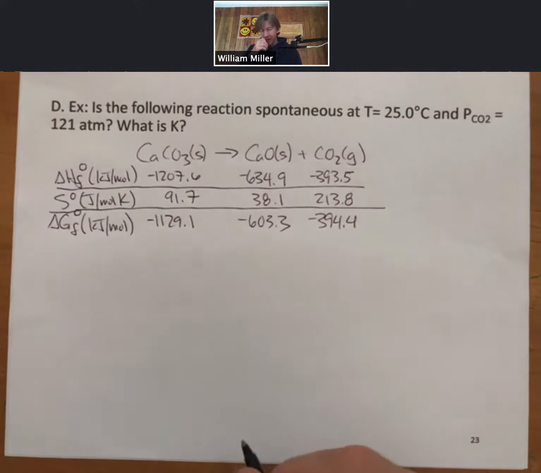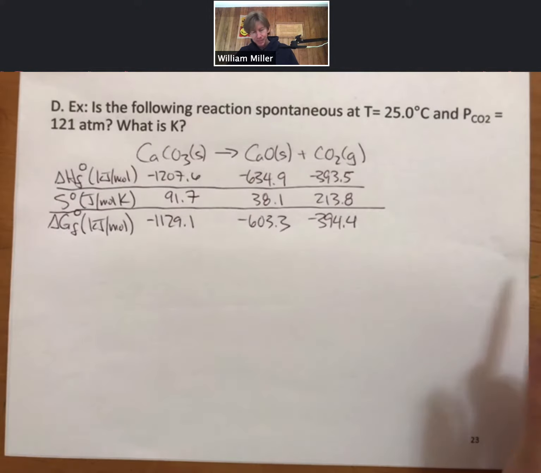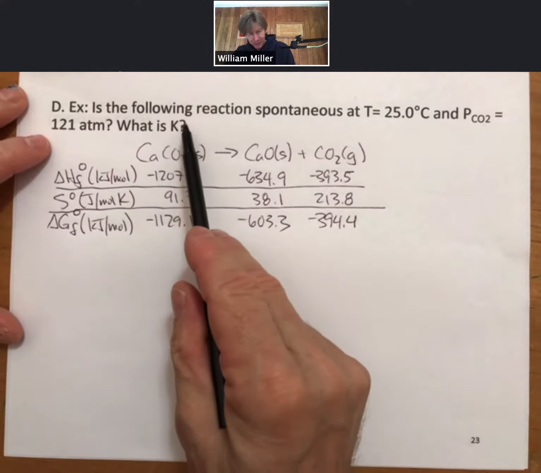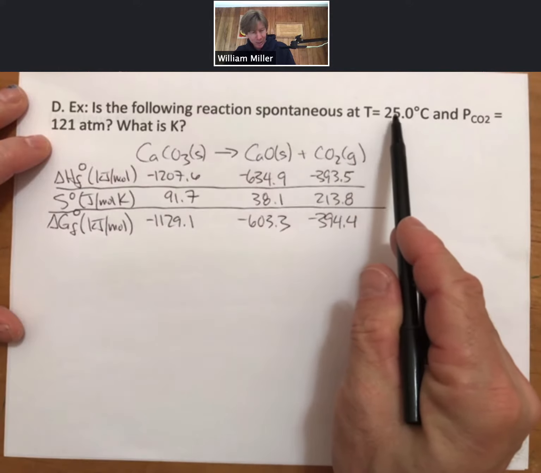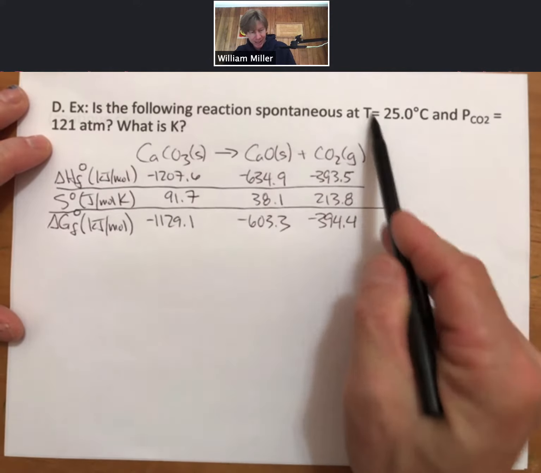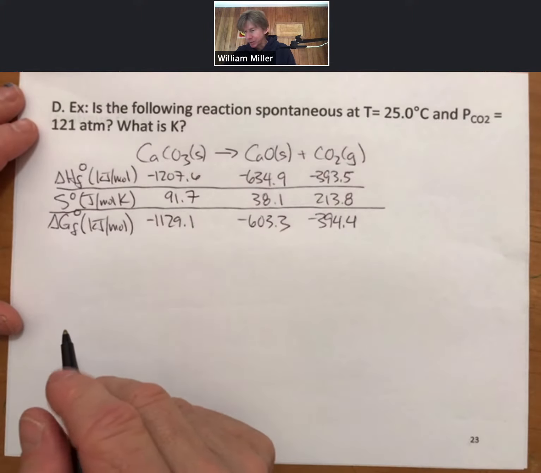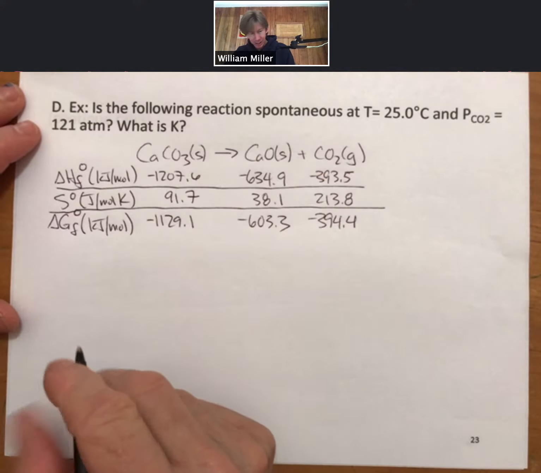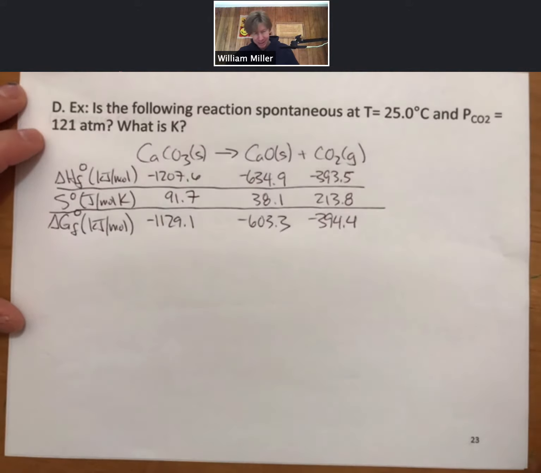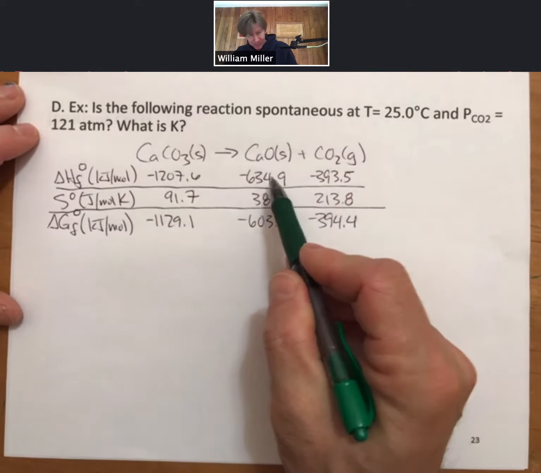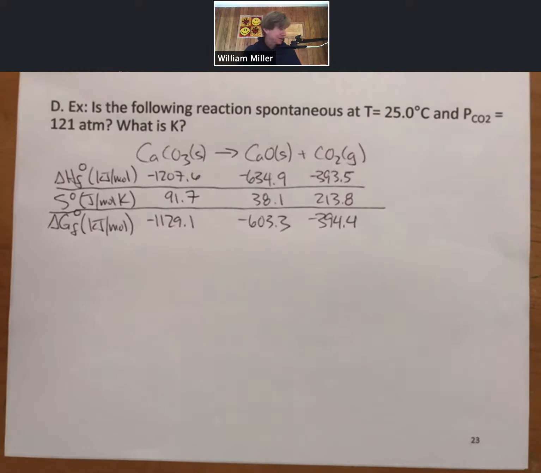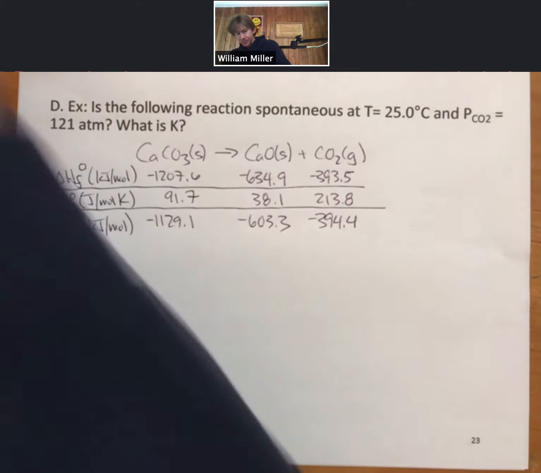All right, so now we got all our values. And we're asked, is the following reaction spontaneous at 25 degrees Celsius, standard, and partial pressure of carbon dioxide, 121. So let's multiply these out. It's going to be products minus reactants to get each of these values.